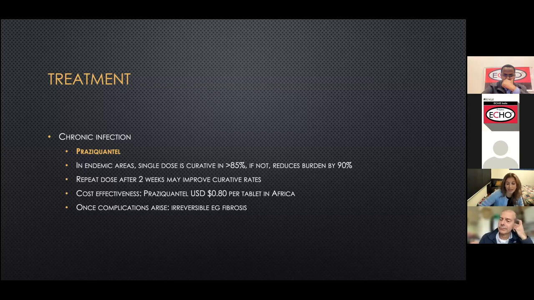So perhaps a decentralized approach to ensuring that there's timely treatment may be one option. Resistance to praziquantel is an extremely rare event still, thank goodness. And what you really want to do is treat before complications arise, because once the fibrosis happens, it is to a great degree irreversible even after treatment.